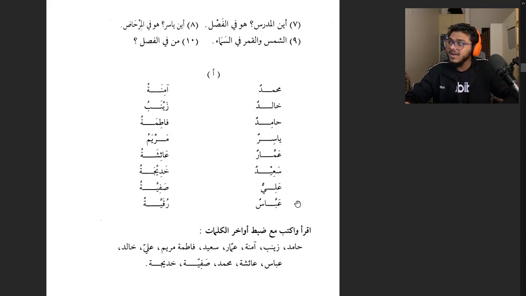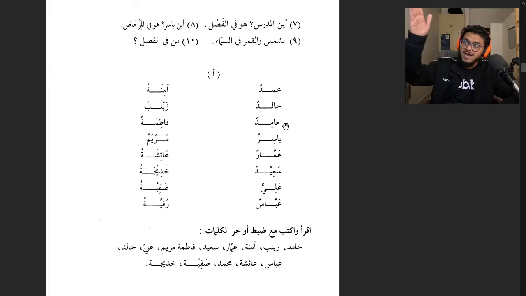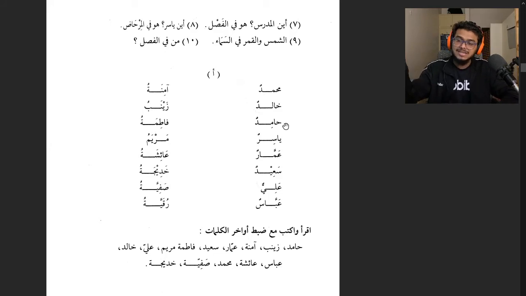So can we find anything else? Oh, here are the names. Muhammadun, mudhakkar. Khalidun, mudhakkar. Hamidun. هذه كلها أسماء الرجال, أسماء الأولاد. All of these are names of men, boys.